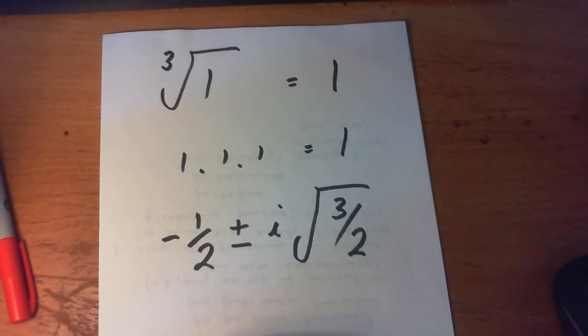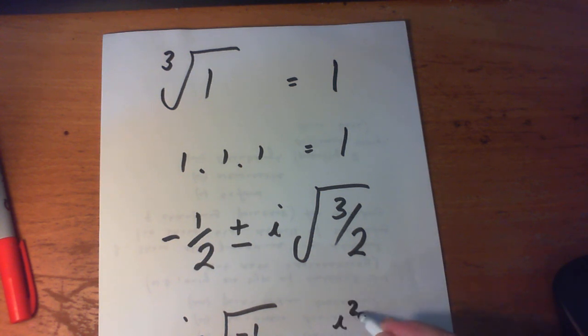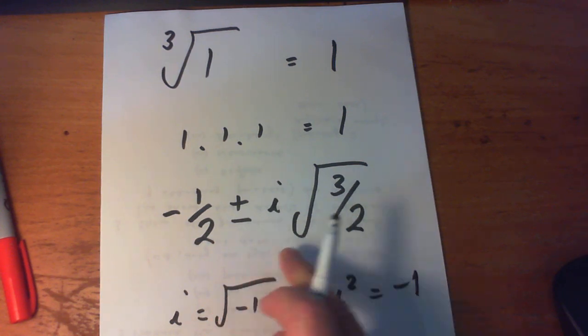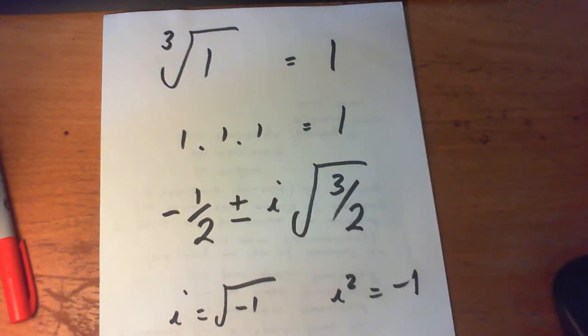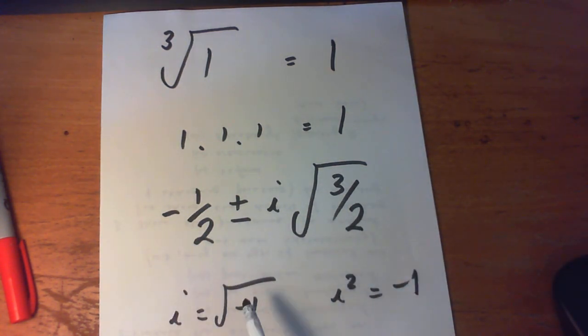All you need to know is that i equals the square root of -1, therefore i squared equals -1. With that extra bit of knowledge, you should be able to cube that and thereby get 1. I'm not saying that everyone will be able to do it, but it's within the realms of GCSE mathematics.